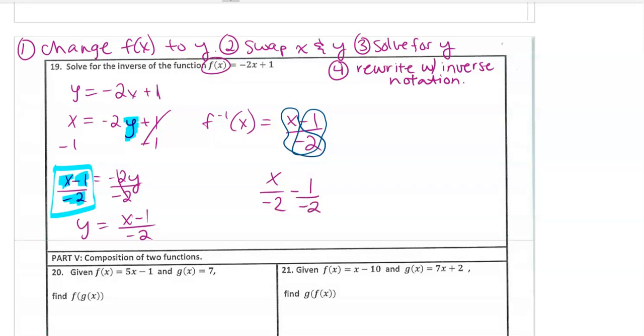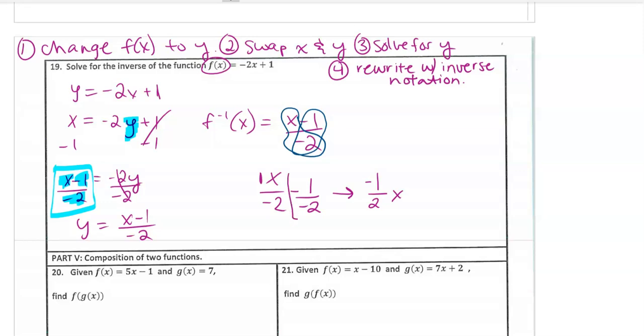Okay, let's simplify this. X divided by negative 2 is the same thing as saying negative 1 over 2x. There's always a 1 in front of that x, right? And let's keep those negatives in the numerator. N, negatives, numerators.